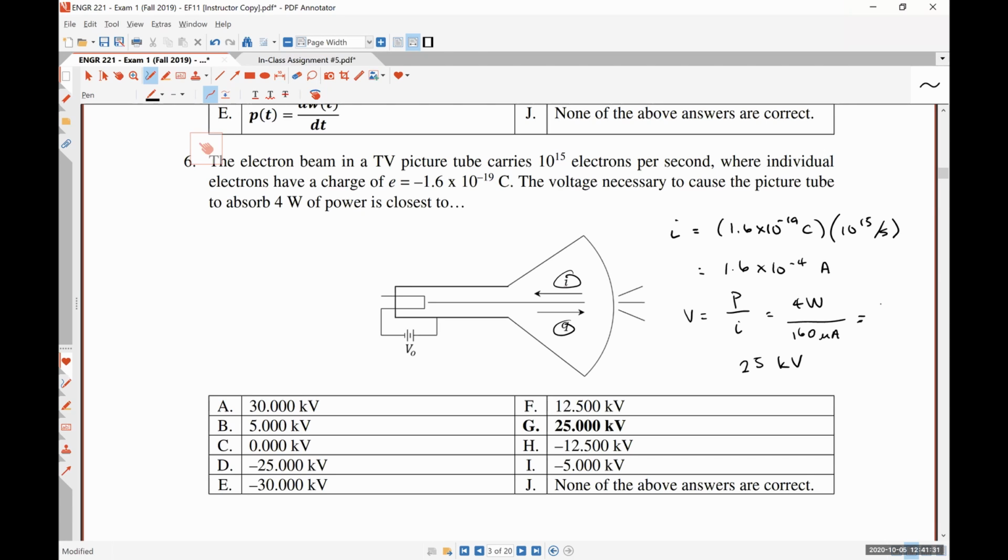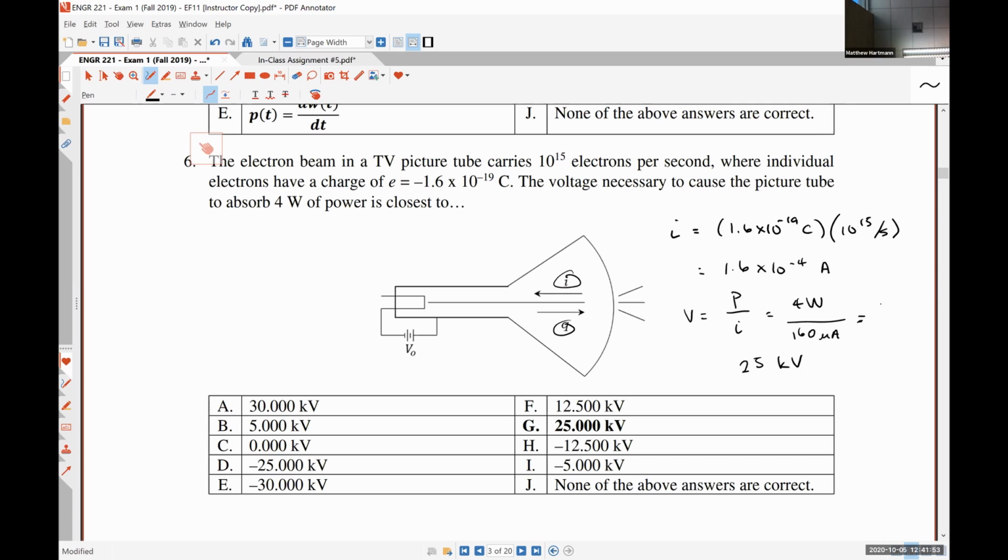So if the charge had been positive 1.6, would the answer have been negative 25? So it depends on the direction that the charge was moving. So if we were able to fire a proton beam to the right, then our current would also be directed to the right. Right.